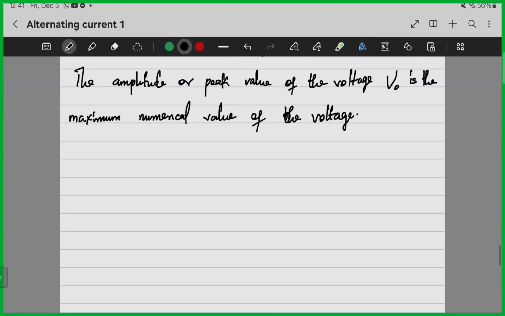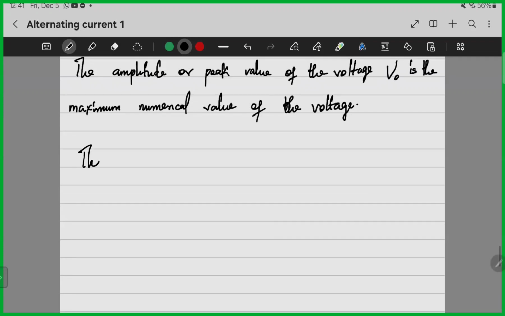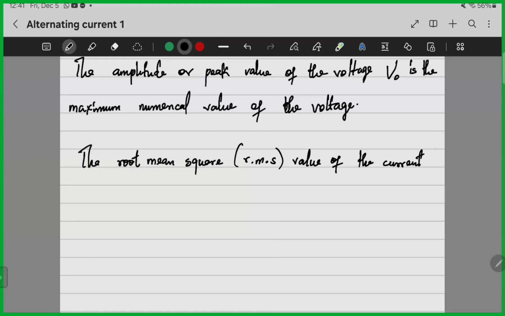Now let's talk about something different. There is something called the root mean square. The root mean square, RMS value of the current is the effective value of the current.